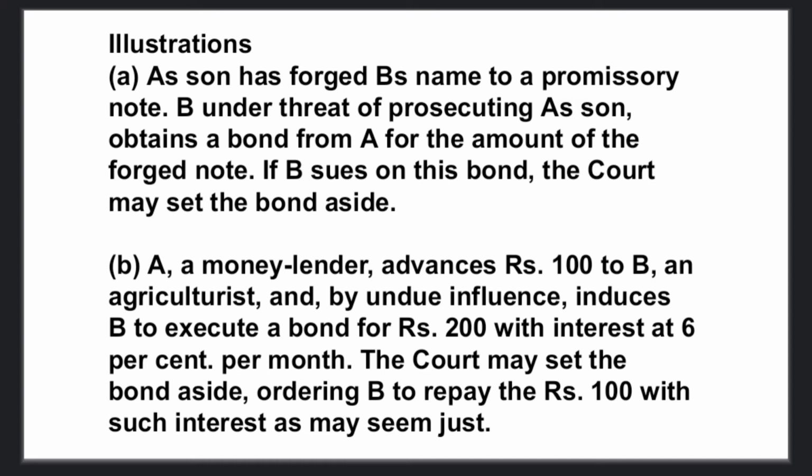The court may set aside the bond, ordering B to repay the rupees 100 with such interest as may seem just. So in this case, you can see that he has actually employed undue influence since they are not in the same position. Since one of the parties is in a dominant position, he has employed undue influence upon the person who has taken money. Now, what did the court do?